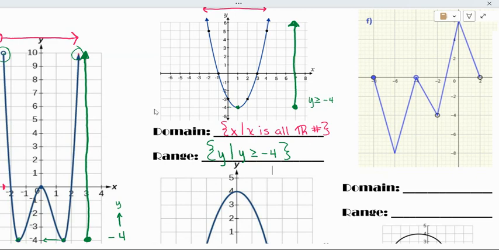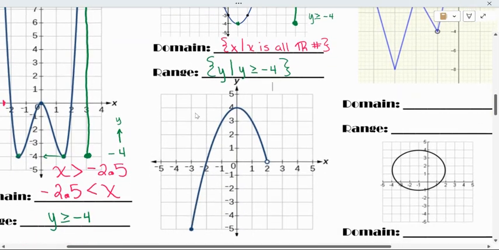Well, what can you tell me about the range? The range is greater than or equal to negative 4. That's what that line means. That's a great question. In math, we don't use commas to represent a word, right? We just use it to represent space. So that line is really read as therefore or such that. Okay, good question. Let's go to the one right below it.